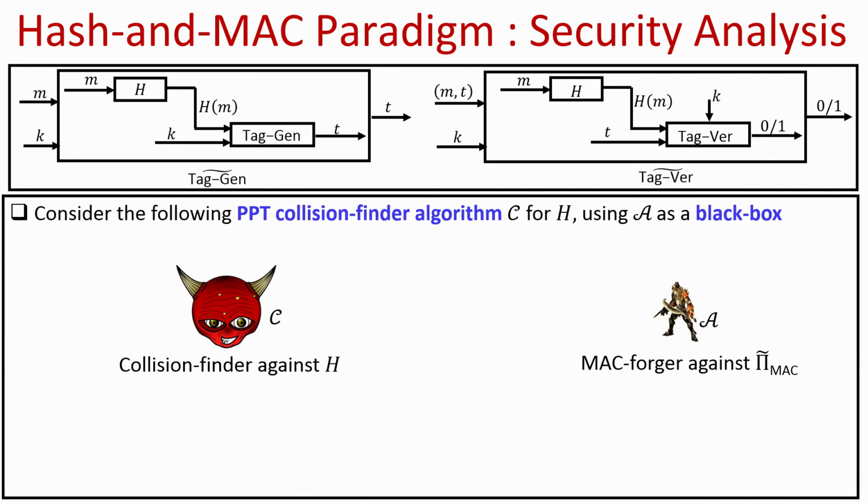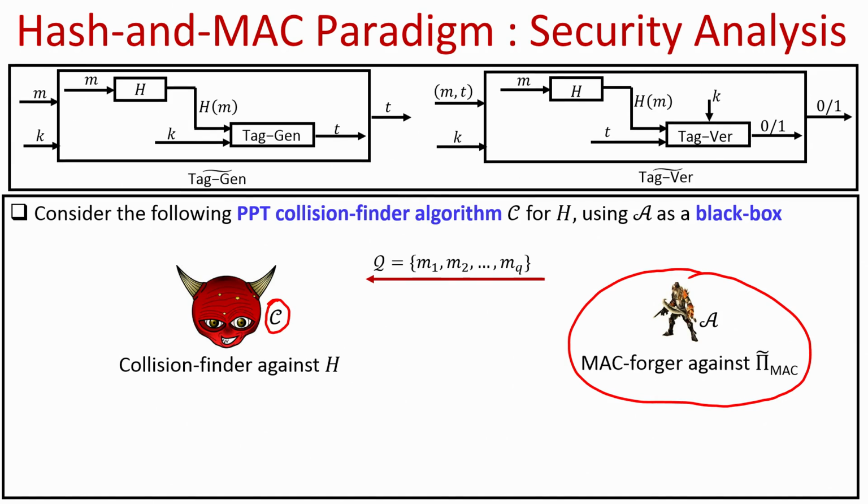So, what we are going to do is assume we have an arbitrary adversary who can forge your MAC, or who can submit a forgery against the composed MAC, and using that our goal is to create another polytime adversary, this fancy C, whose goal is to find a collision in the underlying collision resistant hash function.